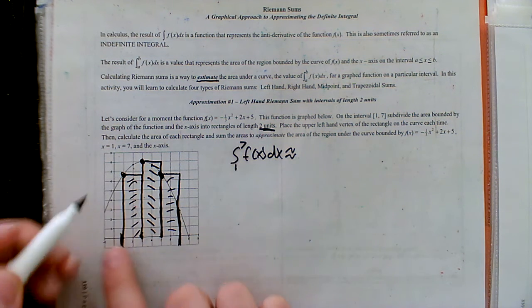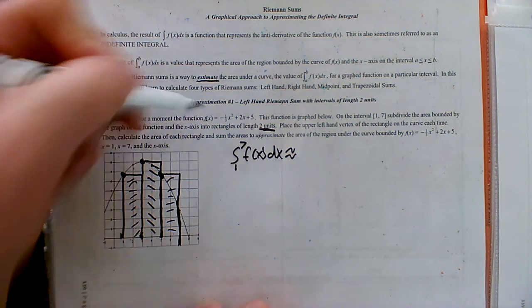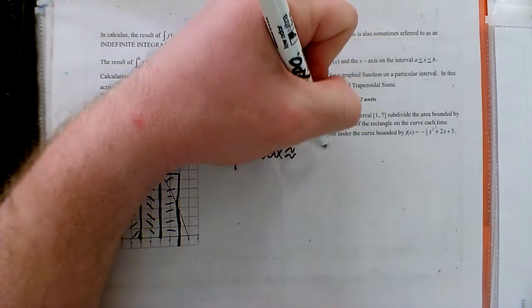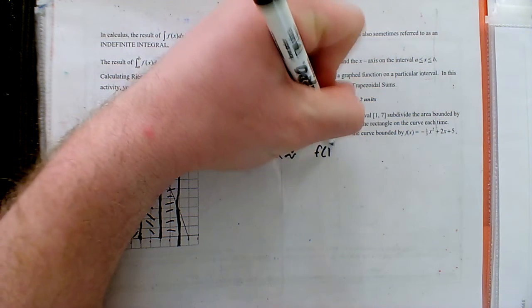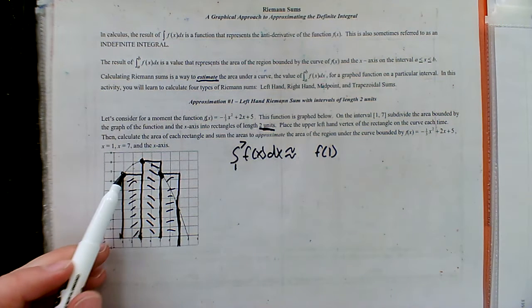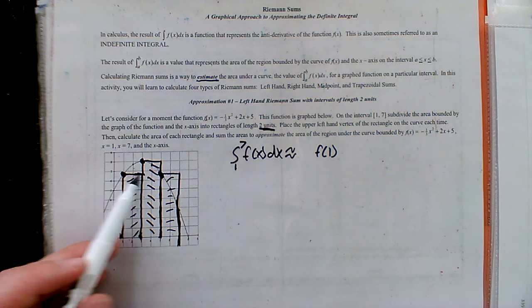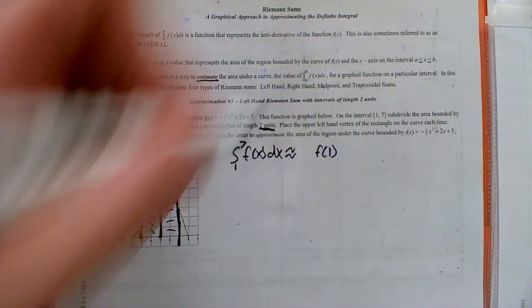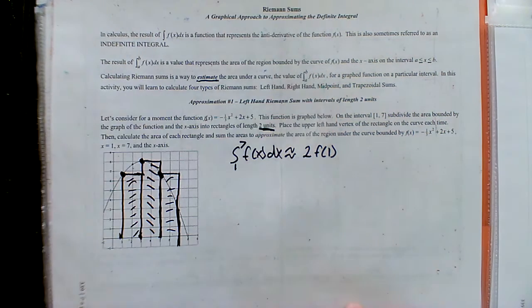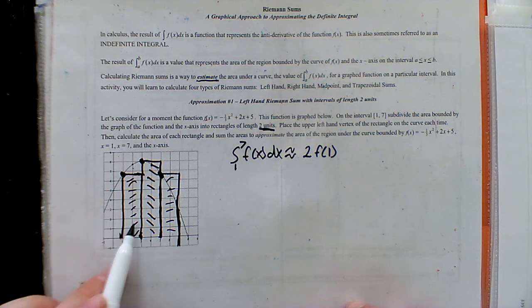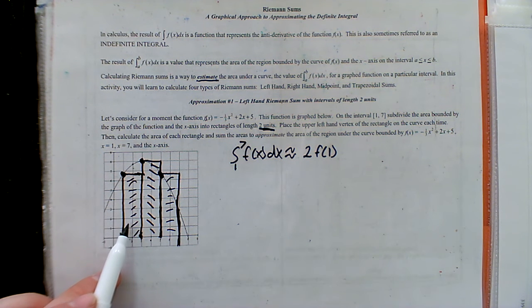So we can calculate, this was 1, f of 1. But the units for this rectangle, remember, were 2. So we have to multiply whatever f of 1 is by 2. That will give us the estimation of the area for the first rectangle.